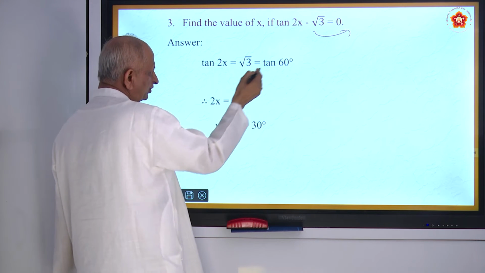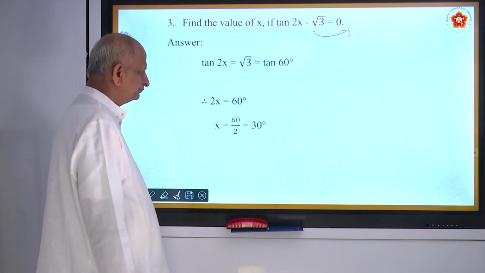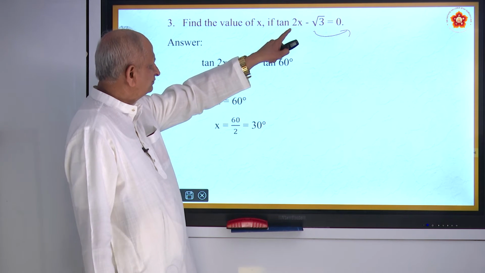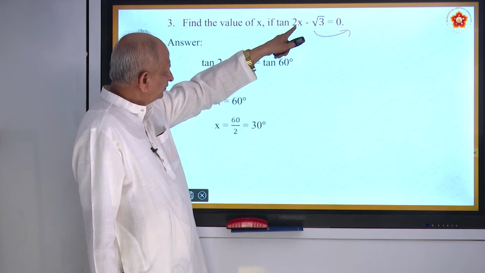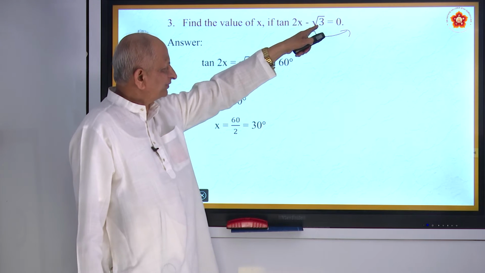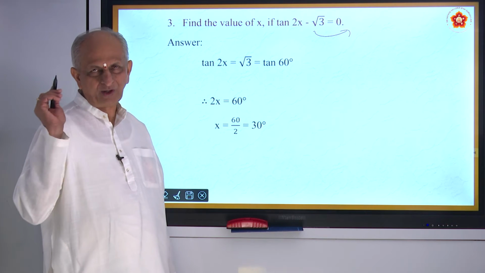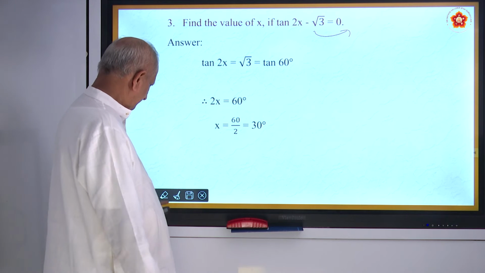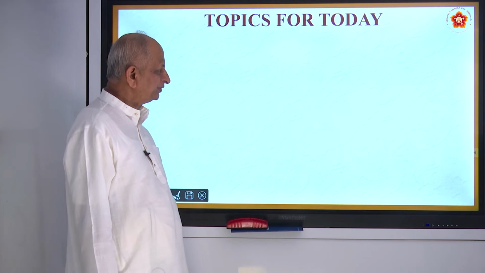So 2x is equal to 60, x is equal to 60 by 2, that is 30. If we apply it here, 2 into 30, 60. So tan of 60 means root 3 minus root 3. So root 3 minus root 3 is 0. Copy? Very nice. Now we will pass on to the topic for today.